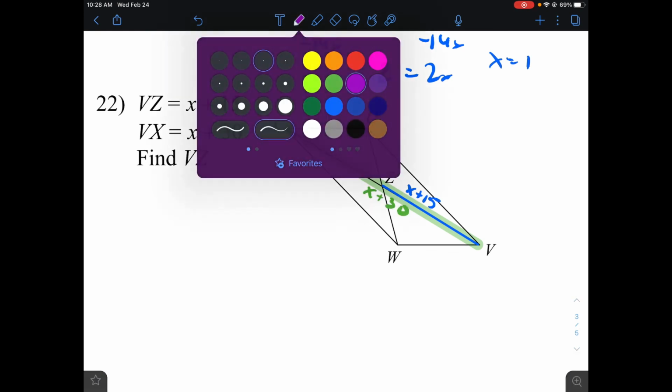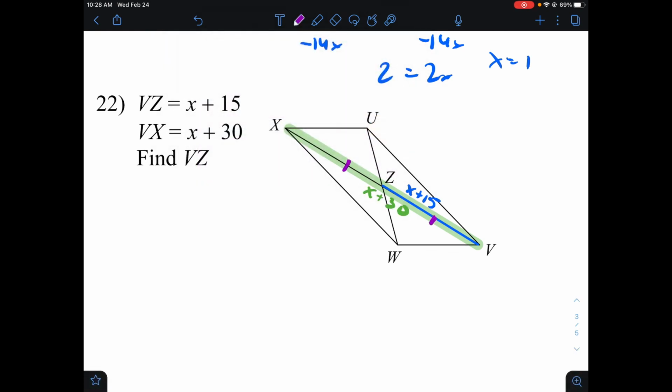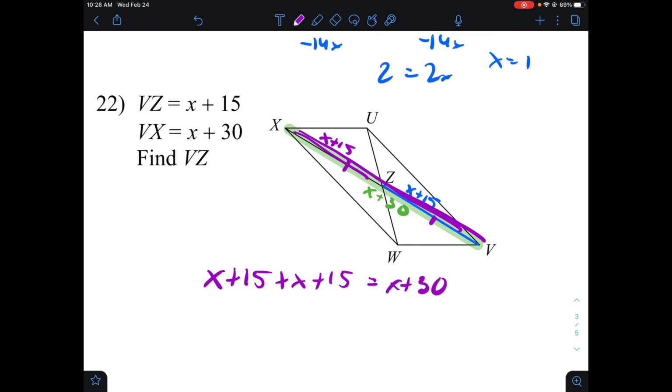Again, we know that this guy is congruent to that guy, so we could say that ZX is going to be equal to x plus 15. So we say x plus 15 plus x plus 15 equals x plus 30, because the two parts are going to equal the whole.